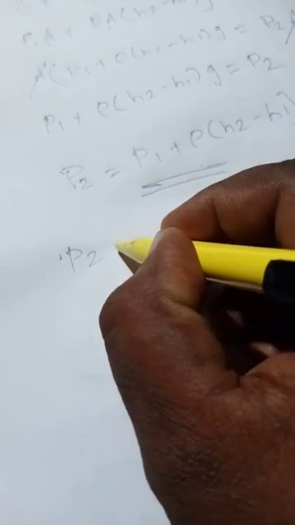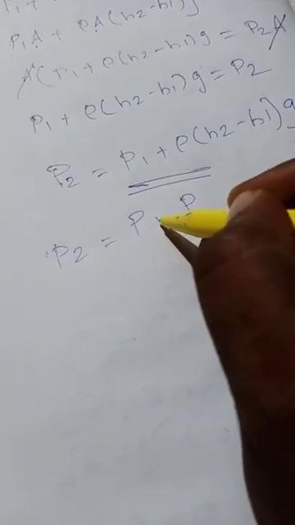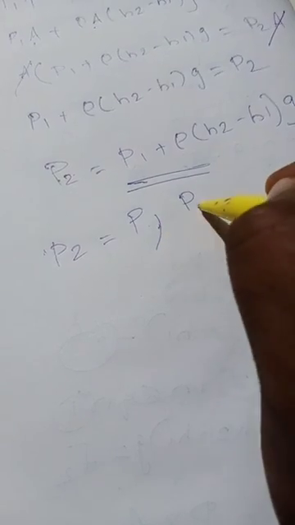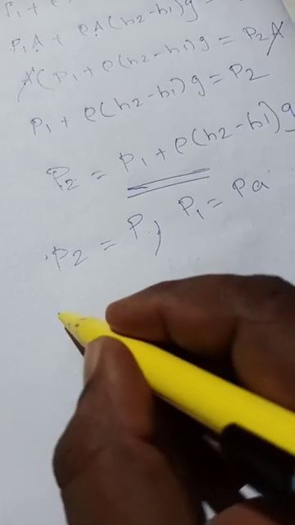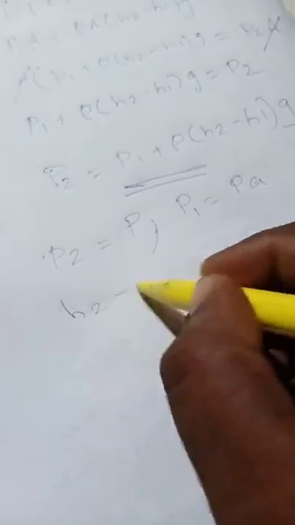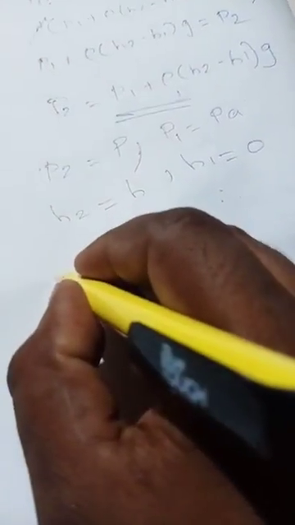Assume that P1 is equal to atmospheric pressure Pa, H2 is equal to H, and H1 is equal to 0. Now you can substitute all these in this equation. So what will you get?